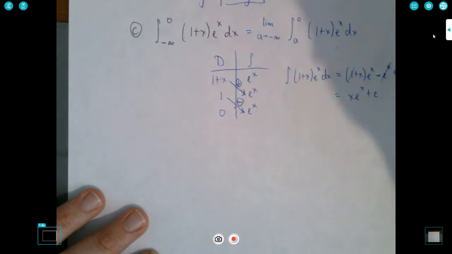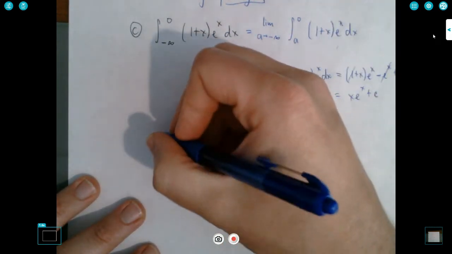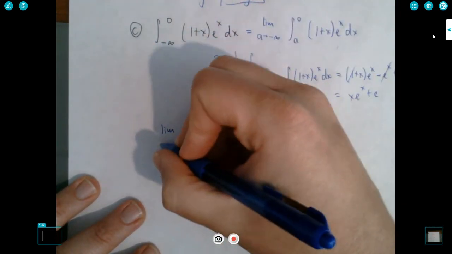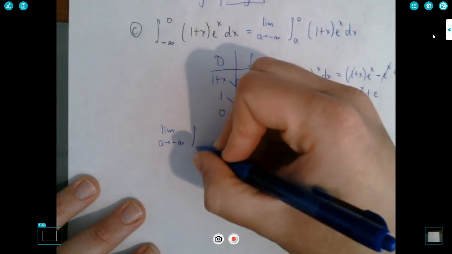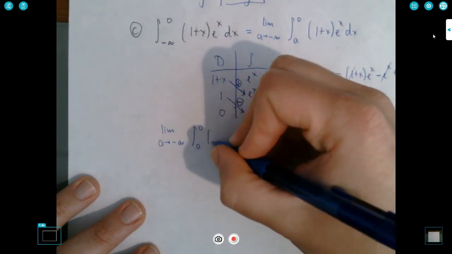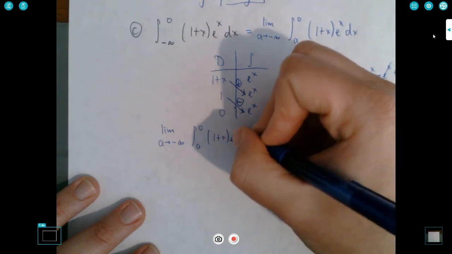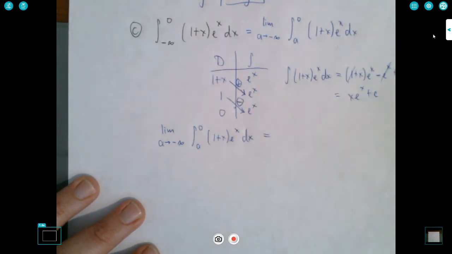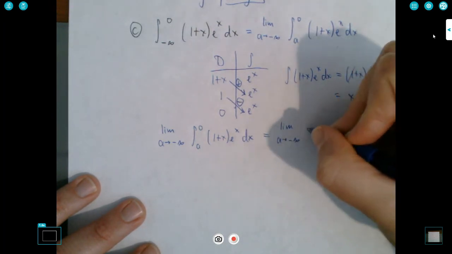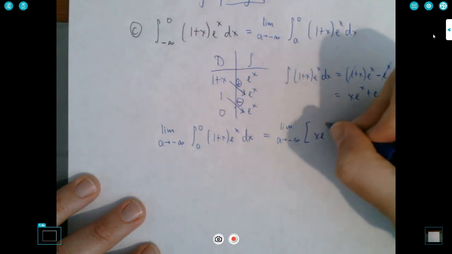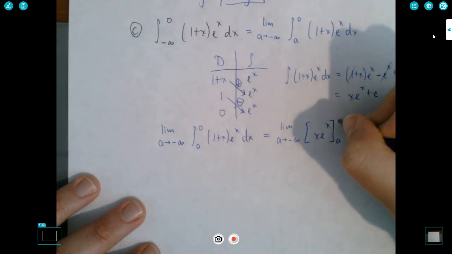Okay, so for the improper integral then, we'll have the limit as a goes to negative infinity of the integral from a to 0 of (1 plus x) e to the x dx, which equals the limit as a goes to negative infinity of x e to the x evaluated from a to 0.